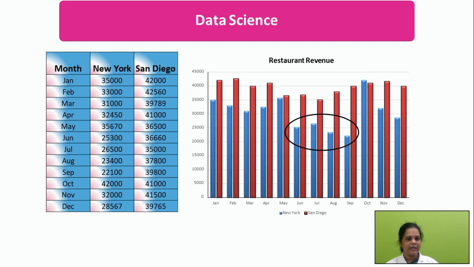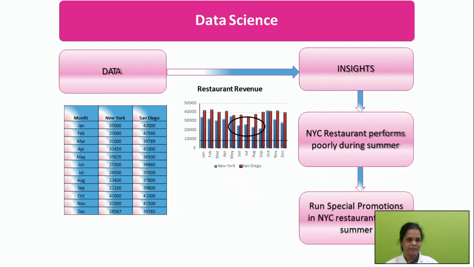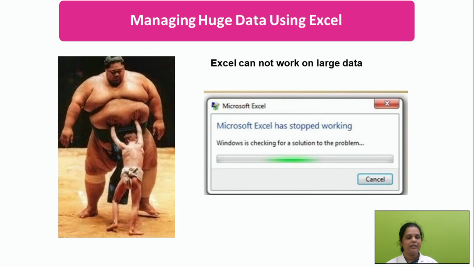The next one is data science. Data science is nothing but, if some huge amount of data has been fed to the machine, then we are going to process that data with the help of technology. We call it data science. Next is how we are going to handle a huge set of data. In Microsoft Excel, we cannot handle a heavy set of data, that is, a large amount of data.